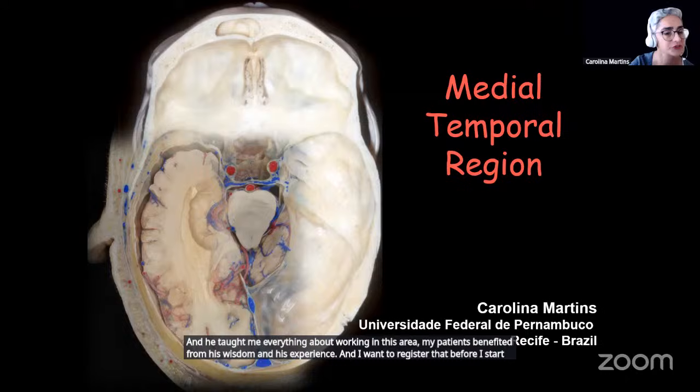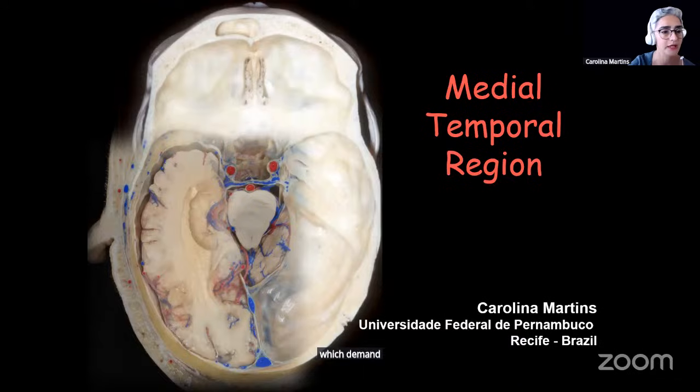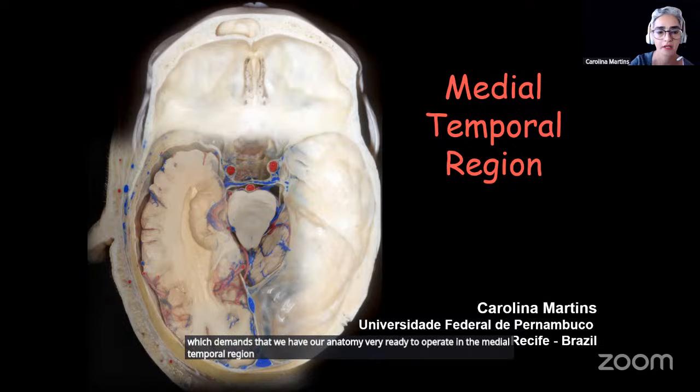So it's very good to be here among friends, and especially to speak about this area, which demands that we have our anatomy very ready, right? To operate in the medial temporal region, we have to be okay with our anatomy, not only of vessels, dura, bone, but mostly of the brain.